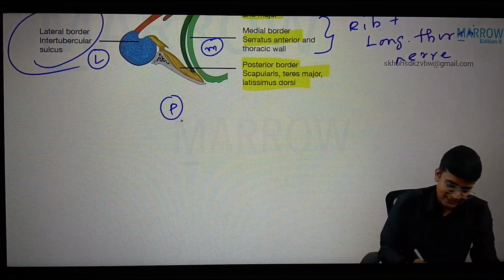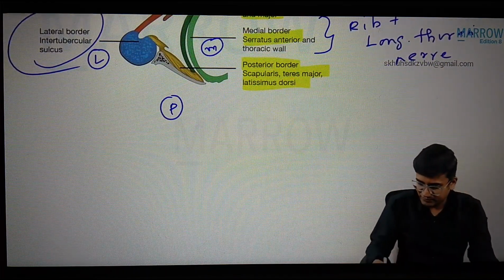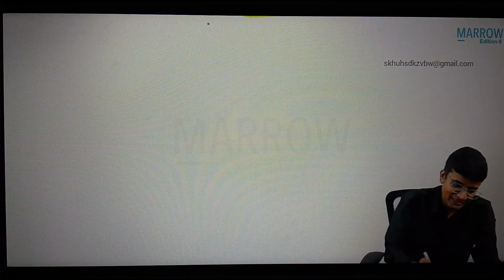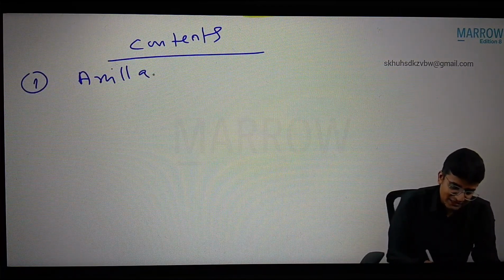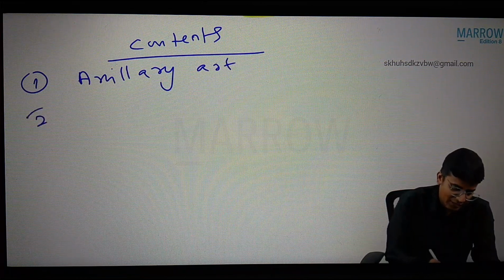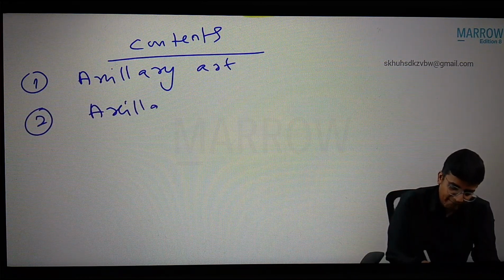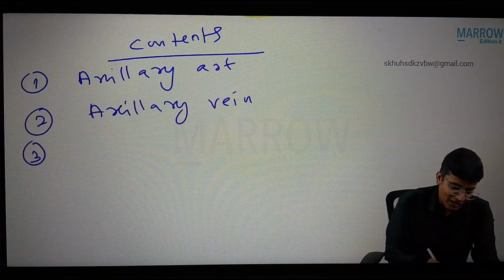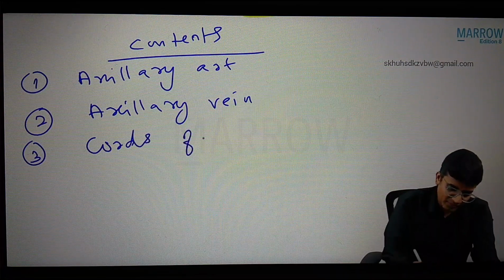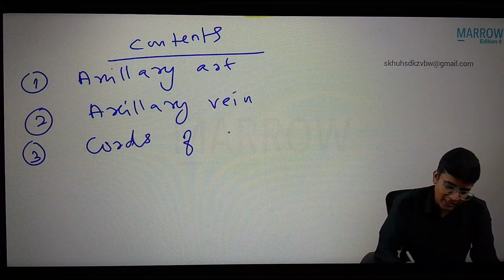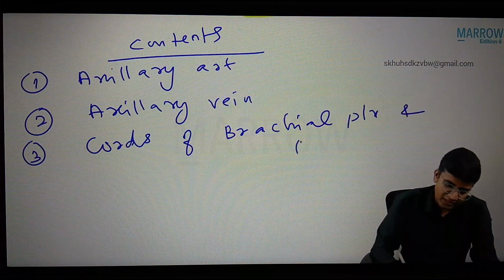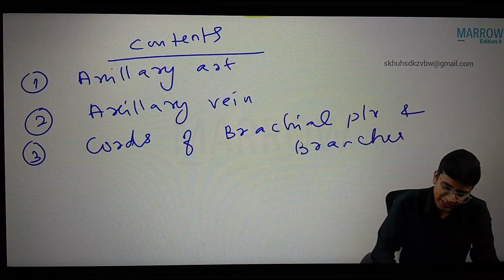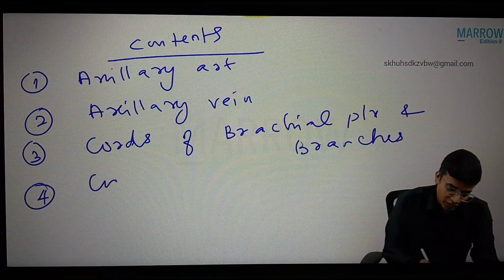Now what about the contents? Please write. Number 1, axillary artery. Number 2, axillary vein. Number 3, cords of brachial plexus and its branches. Number 4, long thoracic nerve.